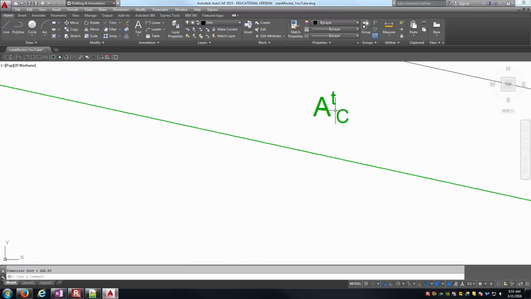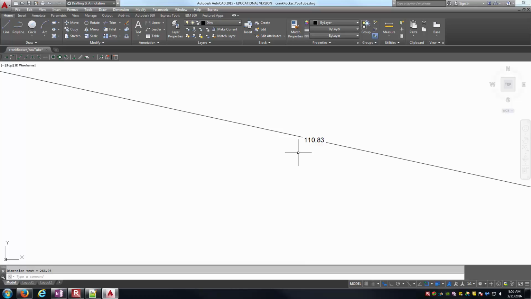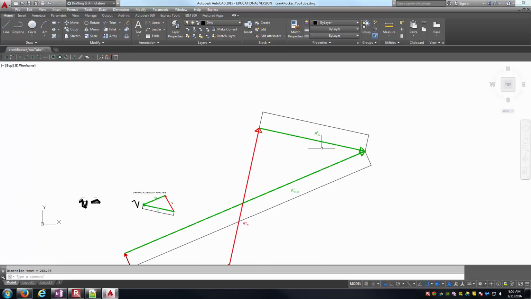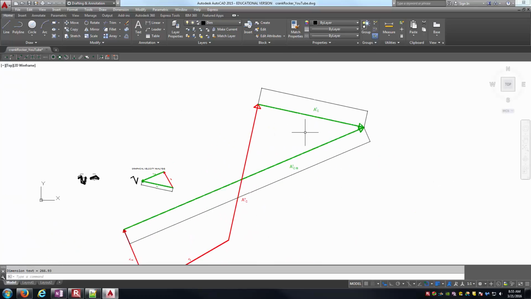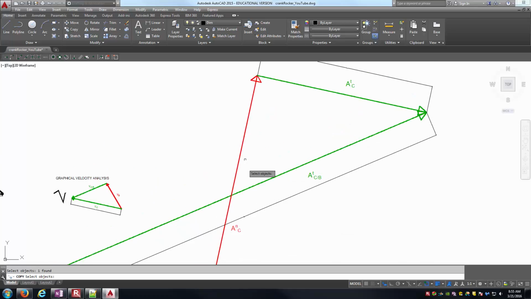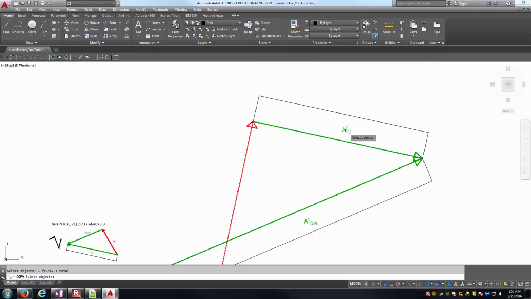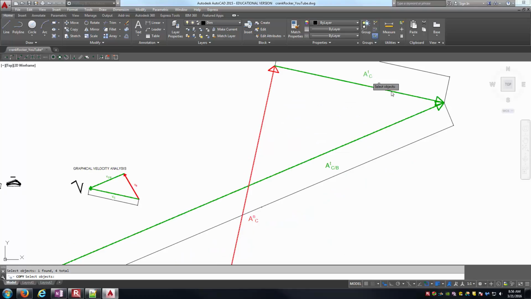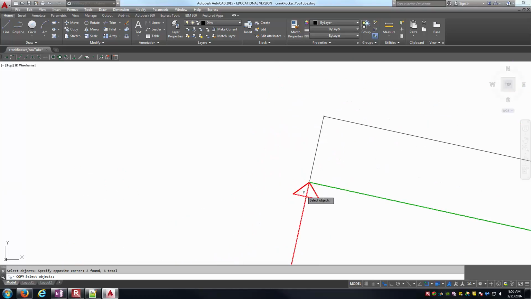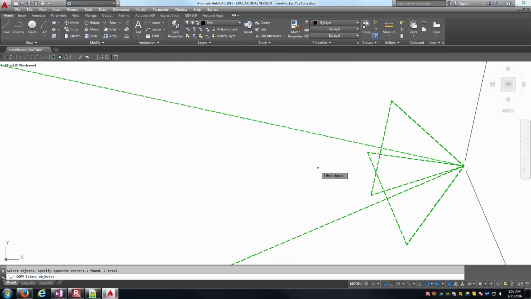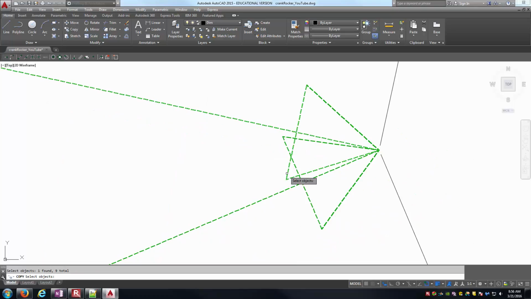So here, as far as getting to the question that we were originally asked, what is the magnitude of the total linear acceleration of point C? Well, I could actually do that from this right here. I've got this red vector and this green vector, which are the normal and tangential components, and they're oriented for vector addition, which is great.